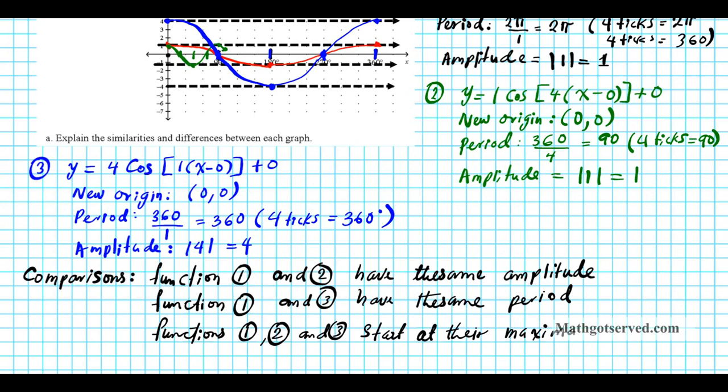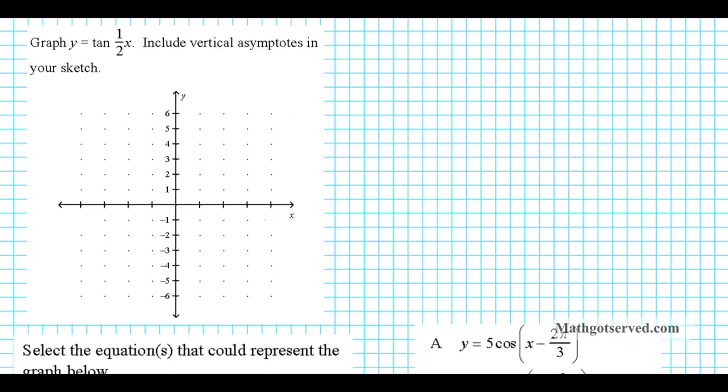Now let's take a look at another example. So for question number 3, we have to graph y equals tan 1/2 of x. I'm going to include vertical asymptotes in our sketch. Okay, so first of all, to know where the asymptotes are at, we need to express tan using the quotient identity.